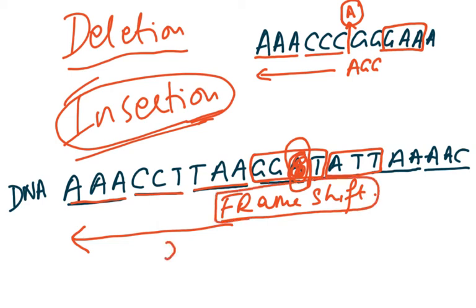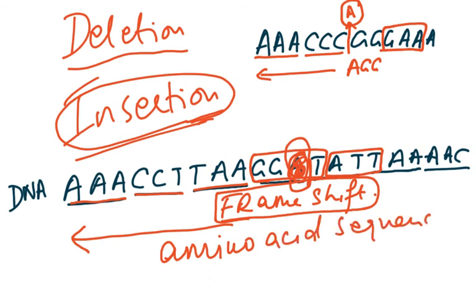And this will of course change the amino acid sequence after this deletion or insertion, and that could result in a very different protein structure. And if it's an enzyme, then maybe it will not function, because it will become a non-functional enzyme. So this is all that we have to know about gene mutation as a result of substitution, deletion or insertion, and how each of these mutations will affect the polypeptide produced.